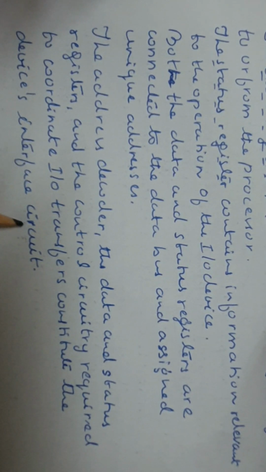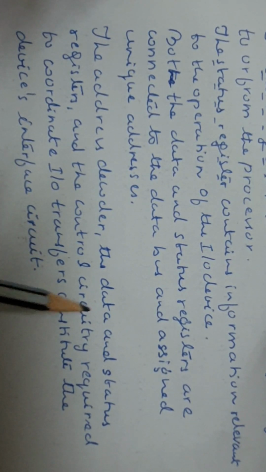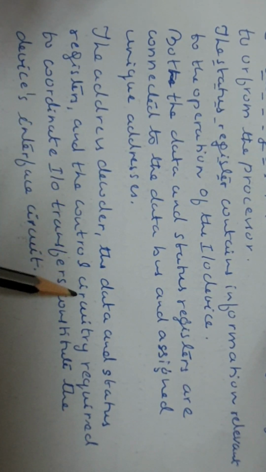The IO device's interface circuit is the special circuitry that has the address decoder, the data and status registers and control circuitry which are required to coordinate IO transfers, and that is the special circuitry which is called the IO device's interface circuit. Every IO device will be connected to the processor over the bus through its own IO interface circuit that will help to control and coordinate the communication between the processor and IO devices.